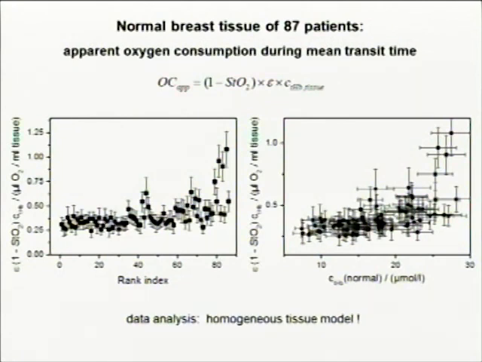So we know we measure essentially a constant oxygen consumption during the mean transit time of blood, and the same, of course, you obtain if you do not plot it versus increasing blood total hemoglobin concentration, but versus the hemoglobin concentration itself.